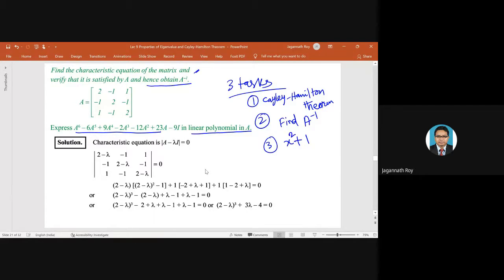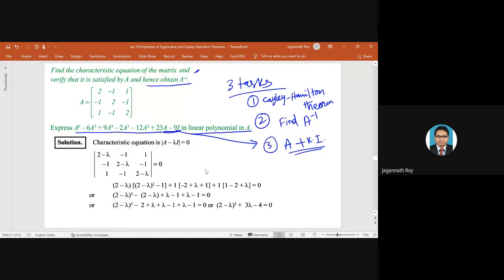If you write x square plus x plus 1, then it becomes quadratic polynomial. The degree is 2 here. So linear polynomial means a polynomial in A. That means you want to write this expression in terms of this A plus some constant times I of this form, linear polynomial. So these are the 3 tasks we have to perform for this particular example.